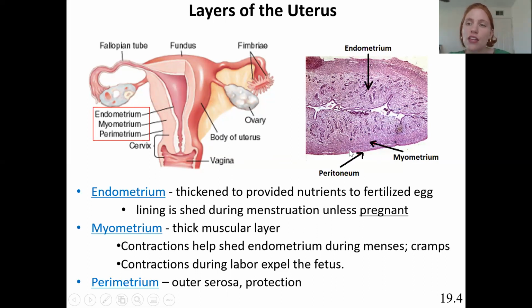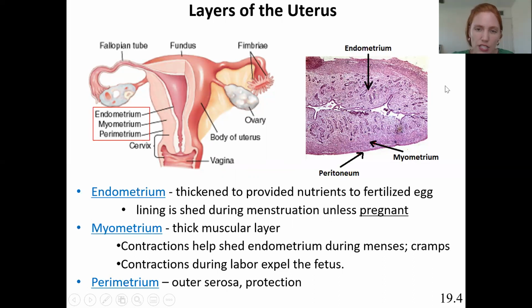The other thing that it does, during menstruation, is little spasms of the smooth muscle to help shake the endometrium off, because the endometrium will be shed during menstruation. So the myometrium does those little contractions to help shake it loose, and that's why you get cramps. You get cramps in the myometrium there, for those of us who get that.